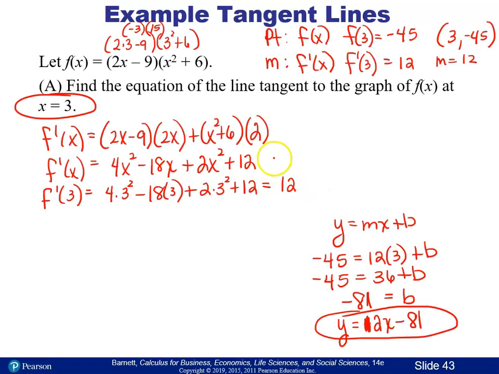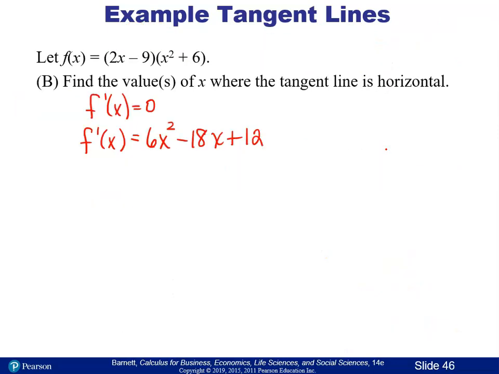And that would be if we were to combine these together, so 6x squared minus 18x plus 12. Okay, so that means in order to find where the tangent line is horizontal, that's going to be where that derivative is equal to 0.